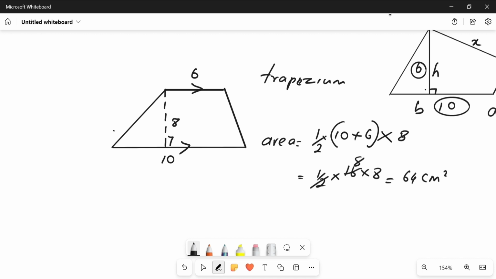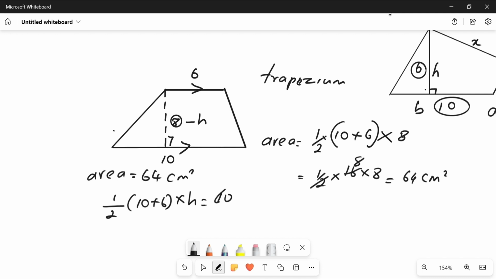Sometimes they might give you the area of a trapezium and ask you to find the height. Suppose this 8 is not given, so let us say h. And if you want to find out h, the area is given. Area is 64 centimeters squared. Now you have to find out the height. So same formula, half into 10 plus 6 times h equal 64.